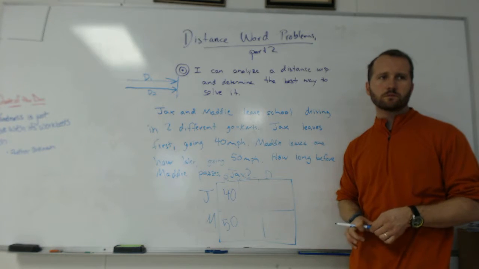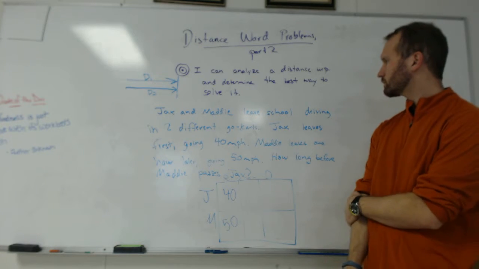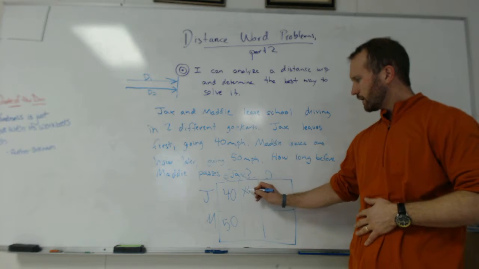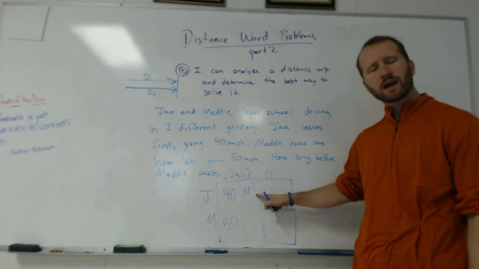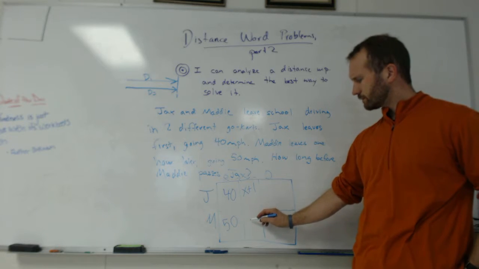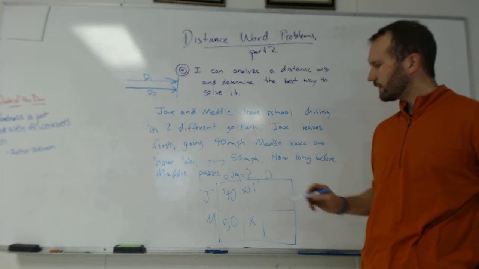You can fill in Jax as x plus 1. Nice, because he left first, right? Yeah, he's traveling for a longer time. And then Maddie's time would be just x. How do I always find the distance?